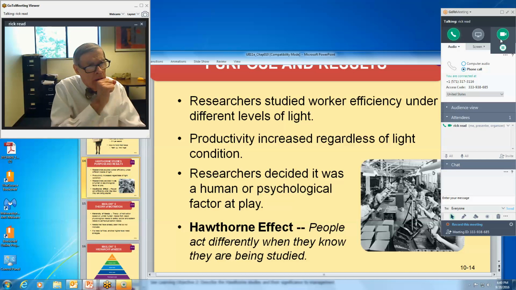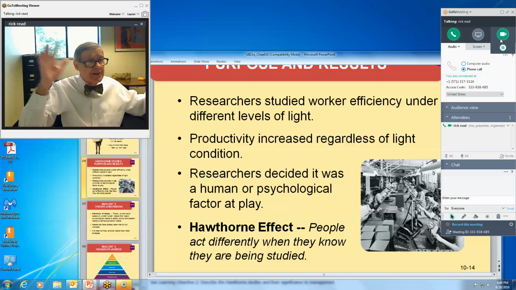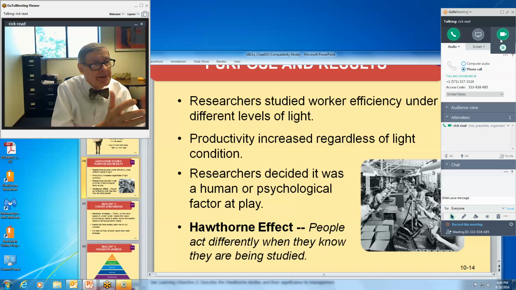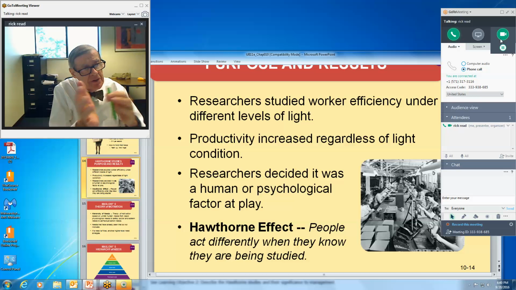And so, pardon me, I'm fighting a little bit of a cold here. What they found was that it wasn't the setting, the working conditions, if you will, that it had to be an interaction, a byplay between and among the employees.